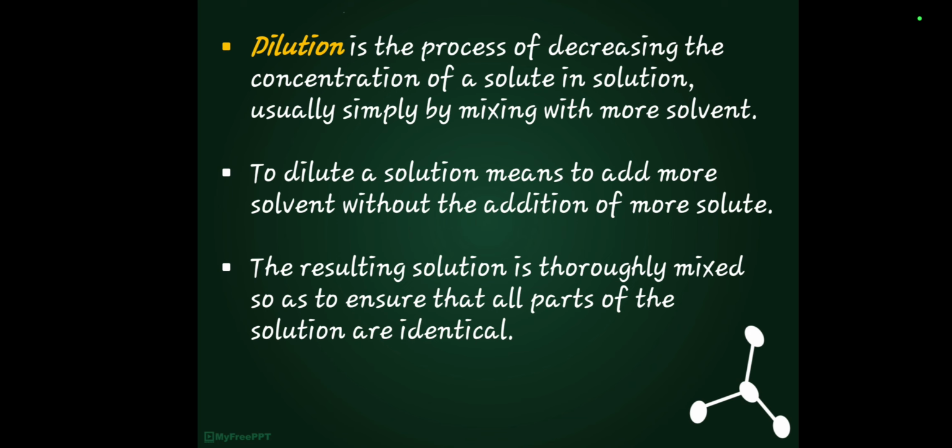So that's why there are proper calculations on how we can get the result of a dilute solution. Today I will be giving you the constant formula on how we can get the result of a dilute solution. Okay? The resulting solution is thoroughly mixed so as to ensure that all parts of the solution are identical.